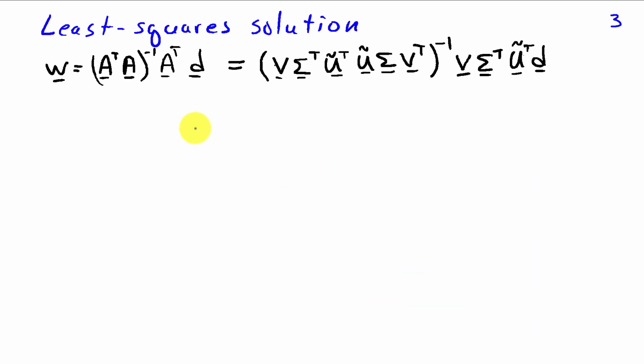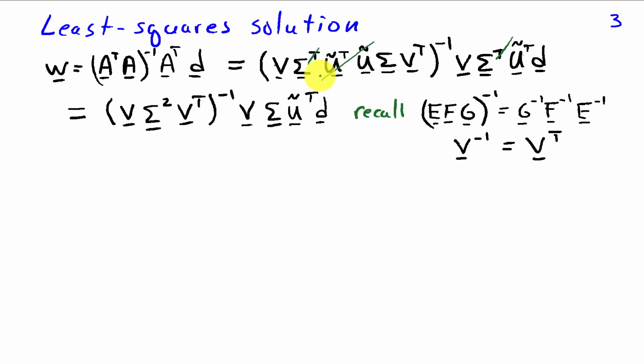So first we're going to substitute for A with the singular value decomposition in the expression for the least squares weights. And so that's going to give me the quantity V sigma transpose U tilde transpose, U tilde sigma V transpose, whole thing inverse, times V sigma transpose U tilde transpose D. So clearly here, V sigma transpose U tilde transpose is what's representing A transpose.